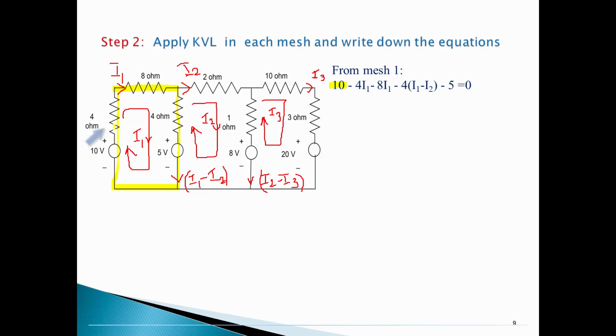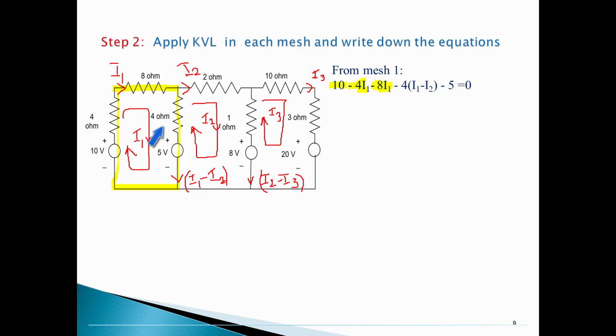Then moving further, 4 ohm. I1 is the only current flowing. Loop current and branch current are both acting in the same direction, so minus 4 times I1. And similarly in the 8 ohm, I1 is the only current flowing, loop current and branch current are in the same direction, so minus 8 times I1.